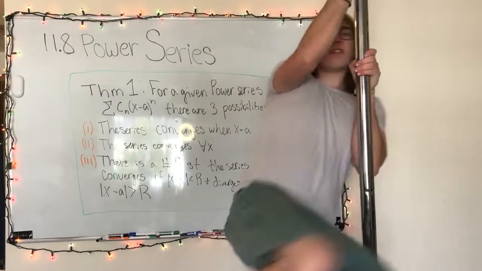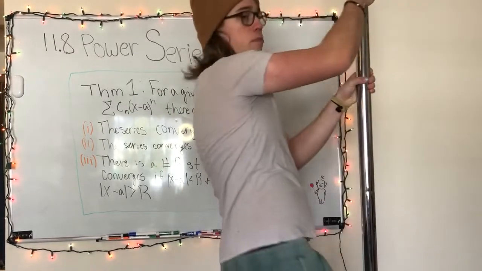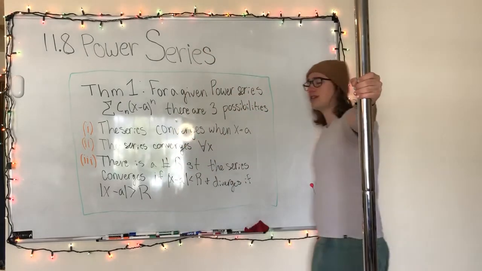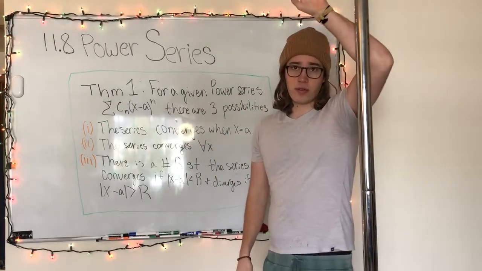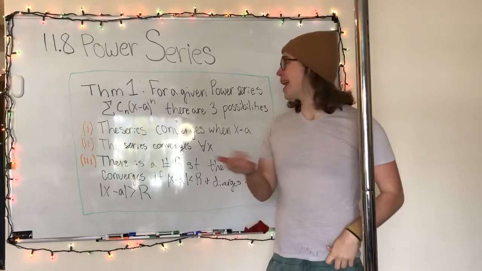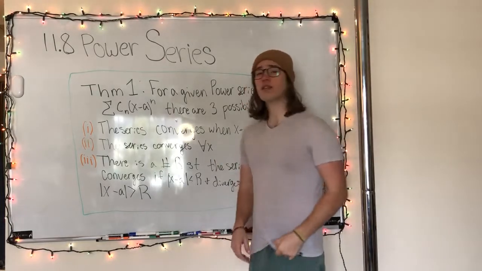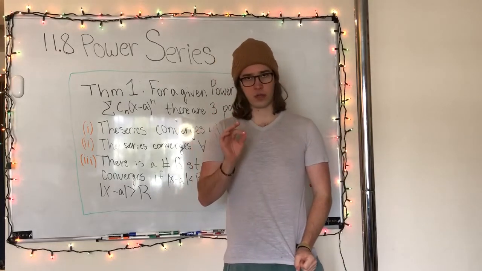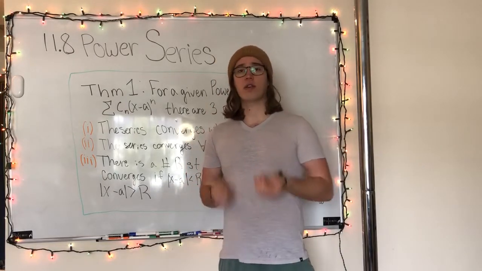So this brings us to the first theorem of our video, and it's theorem 1. For a given power series, the sum from 1 to infinity of C sub n times (x minus a) to the n. Also, quick note, C sub n does not necessarily have to just be some constant like 1 or 2 or 3.